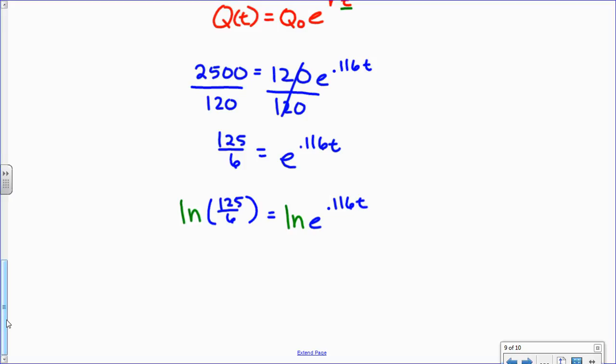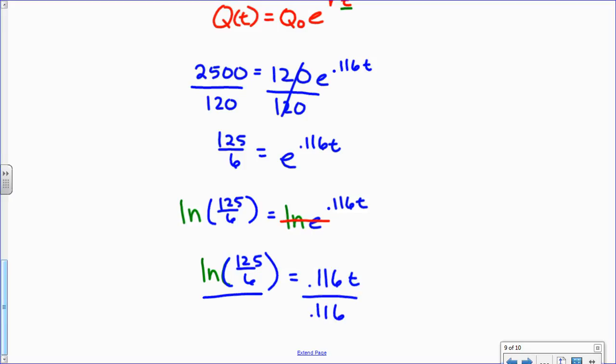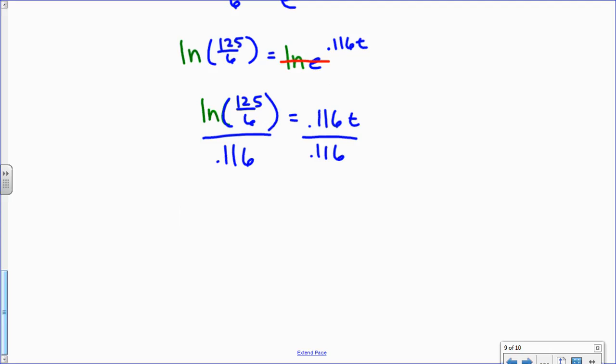Okay. Natural log of E cancels. And then you have to divide by 0.116. And we're talking about months.